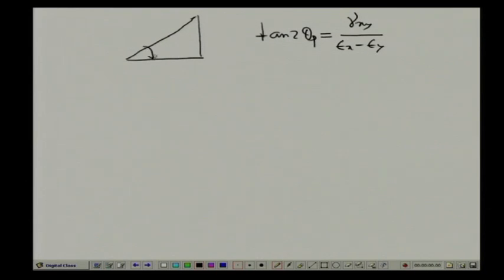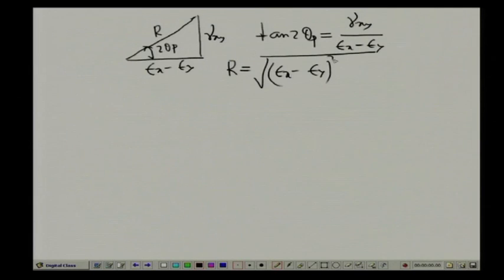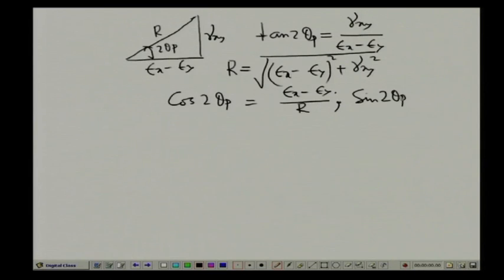So, if this is the angle 2 theta p, then this side is gamma x y and this is epsilon x minus epsilon y, and let us call this hypotenuse r. So, r is nothing but the root of epsilon x minus epsilon y square plus gamma x y square. So, cos of 2 theta p is equal to epsilon x minus epsilon y by r, and sin of 2 theta p is equal to gamma x y by r.